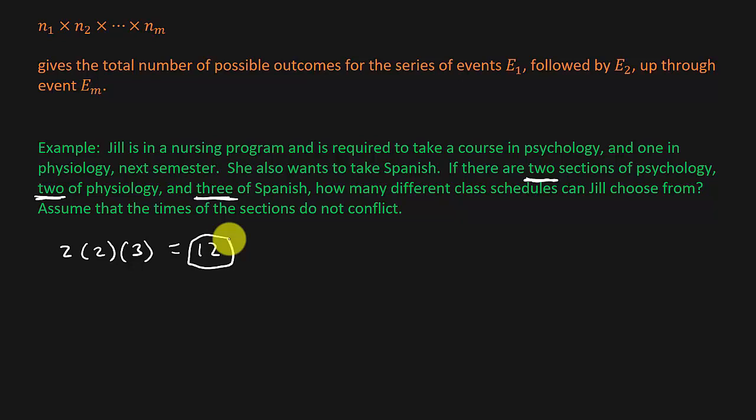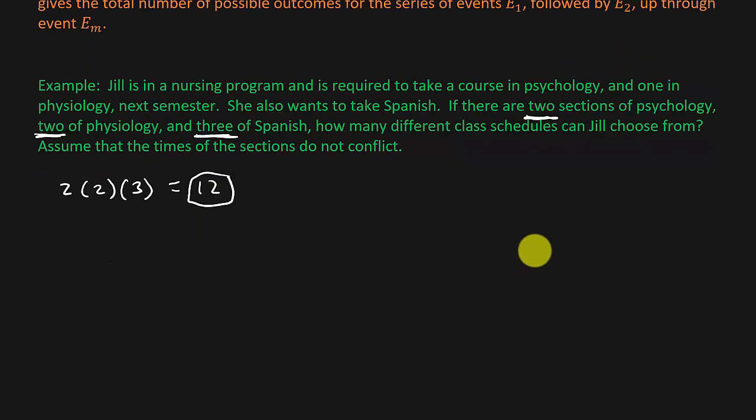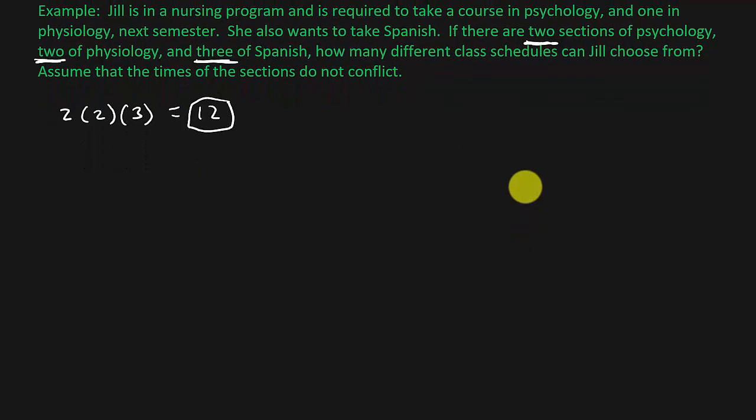That's not bad. So what if we wanted to get a picture of it, a visual display of the different outcomes? Well, we can do this by using a tree diagram also.